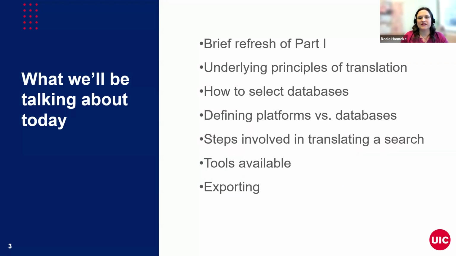We're going to talk about the differences between platforms and databases and why that matters, steps involved in translating a search from PubMed to other databases, some tools available to help you with this, and we'll talk a little bit about exporting your references from databases to your citation manager.